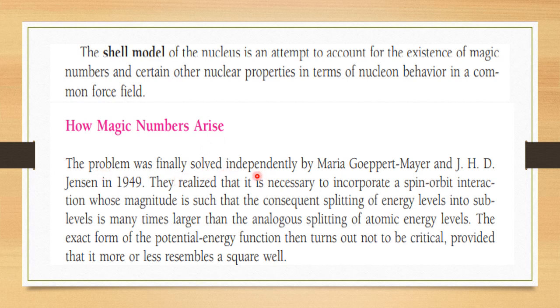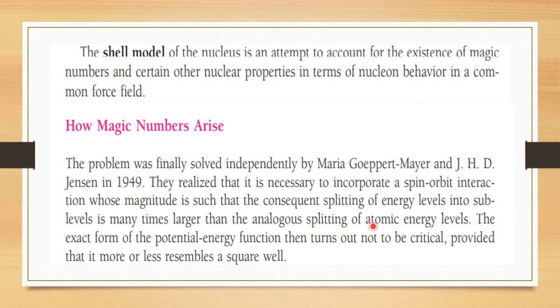This problem was finally solved independently by Maria Goeppert Mayer and J.D. Jensen in 1949. They realized that it is necessary to incorporate spin-orbit interaction, whose magnitude is such that the consequent splitting of energy levels into sublevels is many times larger than the analogous splitting of atomic energy levels.